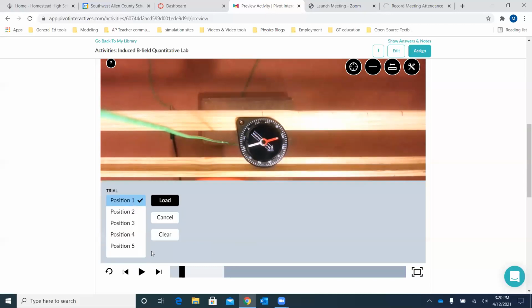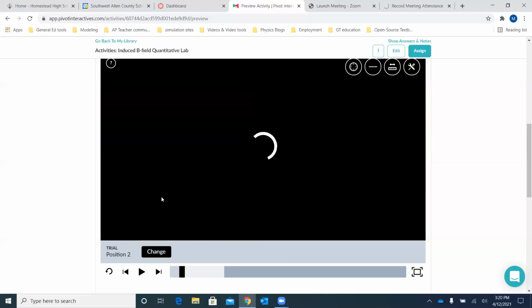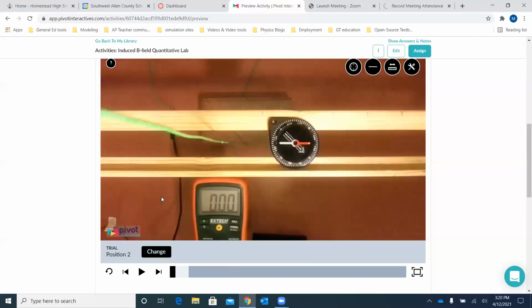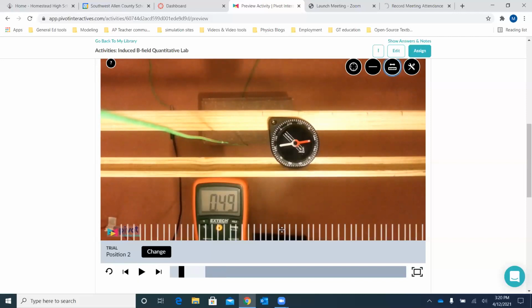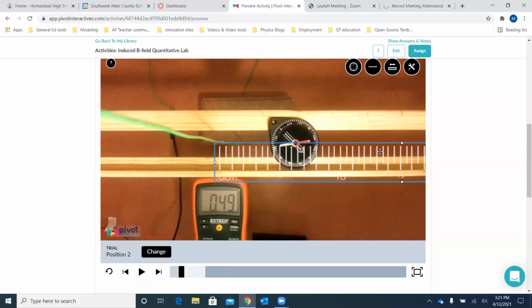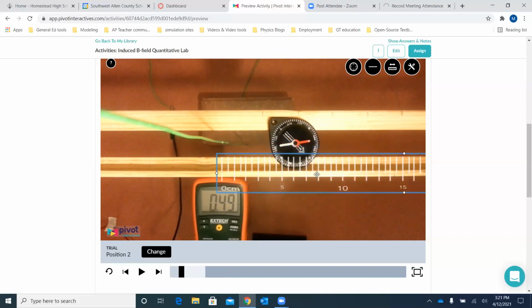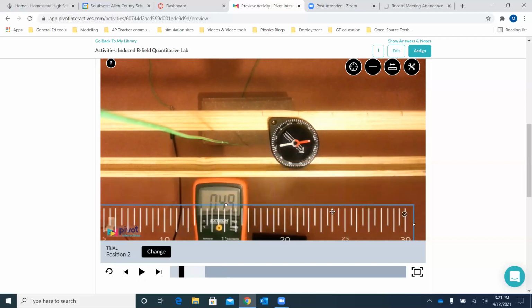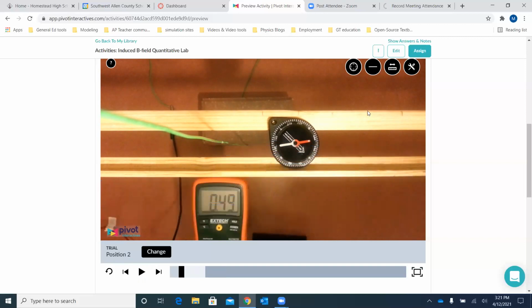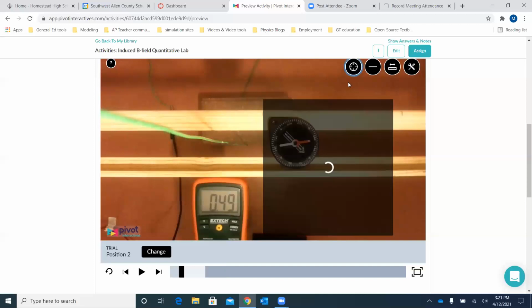And then I can change this to position 2, hit load. I can hit play, and right there is 0.49 again. And I can measure this distance. So it's 1, 2, 3, 4, 5, 6, about 6 centimeters away, I guess. And I can measure the angle.